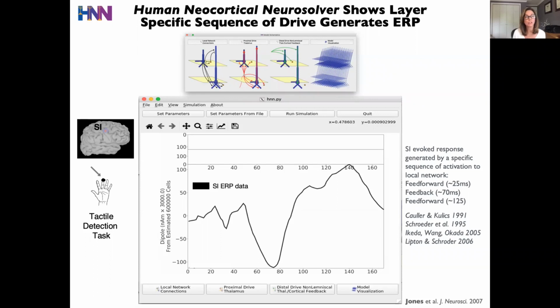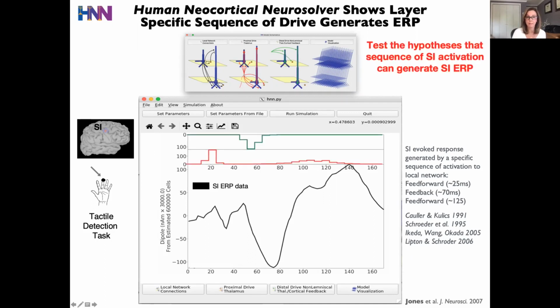And what that literature suggests is that the S1 evoked response is generated by a sequence of activation to the local network that consists of a feed-forward input, followed by a feedback input, followed by a later re-emergent feed-forward input. And so in our model, we wanted to test the hypothesis that a sequence of activation similar to what we knew from the literature could in fact generate this macro scale S1 ERP.